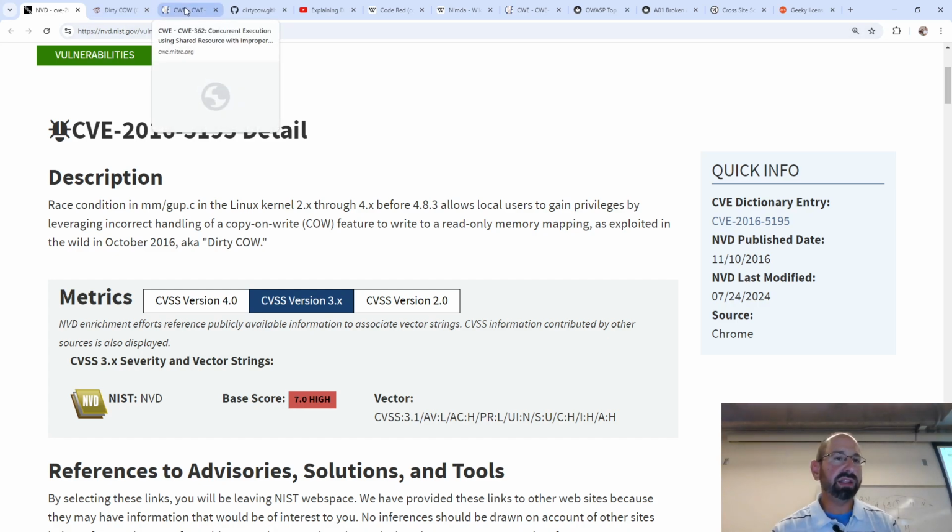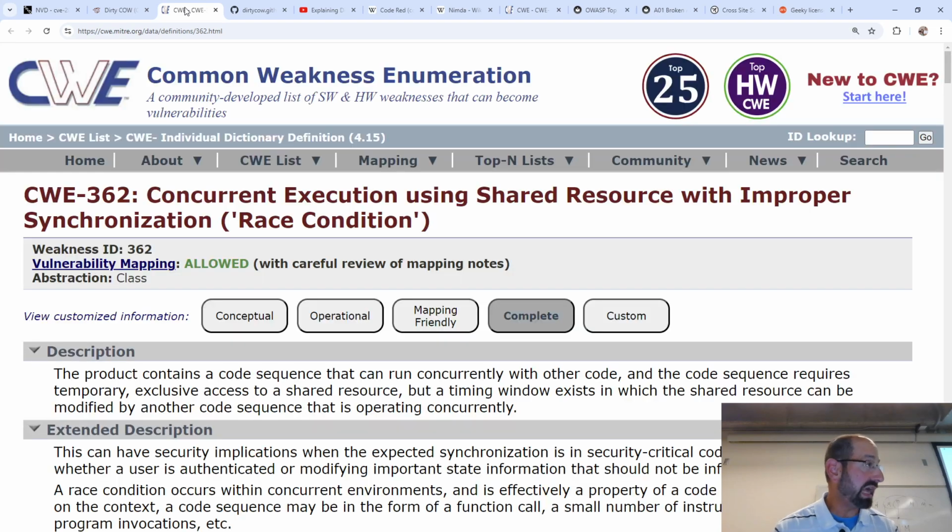It takes advantage of a vulnerability class, right, our CWE, that has to do with race conditions. And this is not something that you necessarily even see as you do a lot of programming, unless you were to do a lot of multi-threaded or parallel programming.